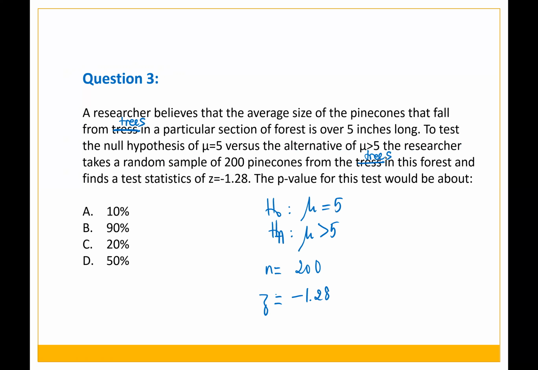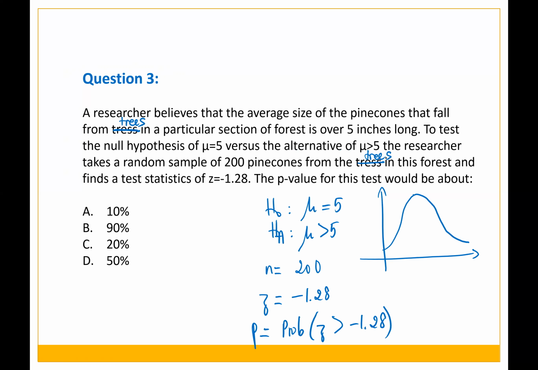Now, as we say, the p-value is the probability of your z bigger than negative 1.28. In this case, when you have it equal to the mean value, your z is going to be equal to 0. This is based on z, which gives us the hint about the normal approximation that we did last week.